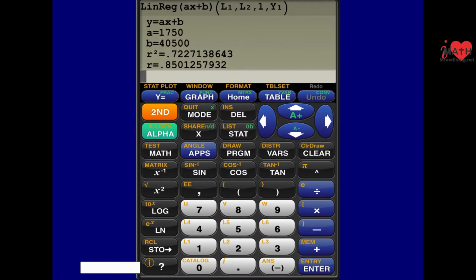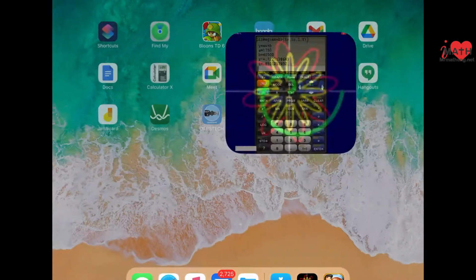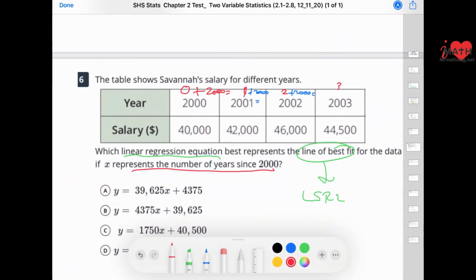Okay, remember, if your r and r squared don't pop up, then you have to do diagnostic on. So a in my formula is in front of x, so that is my slope. So the only one that has 1750x plus 40,500 would be choice C.